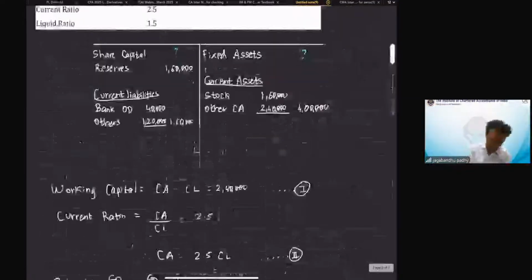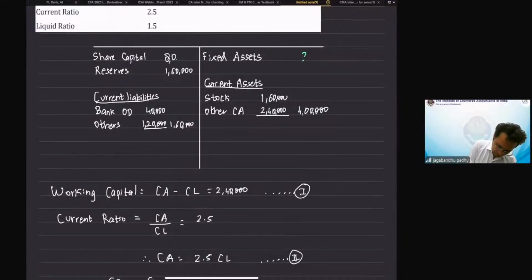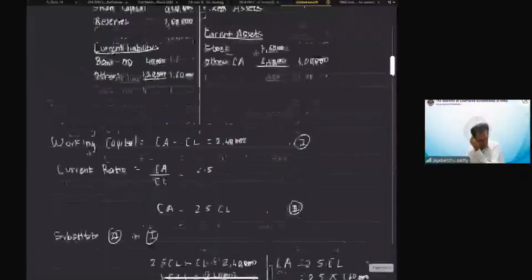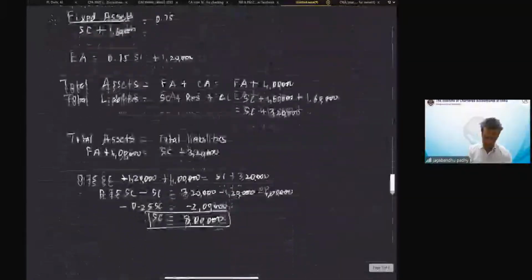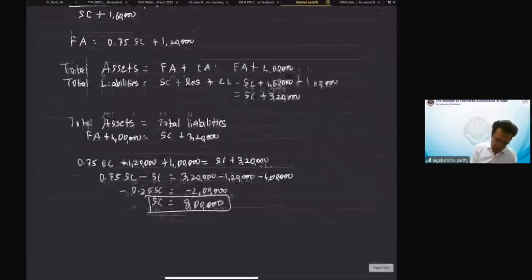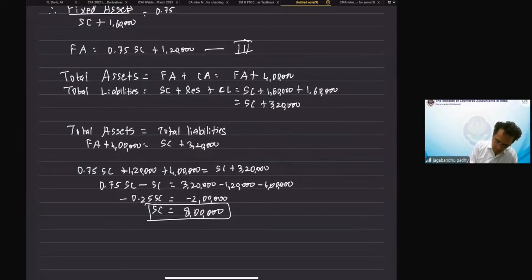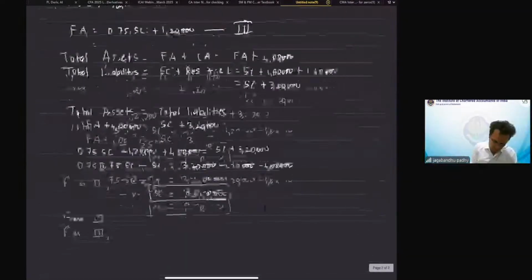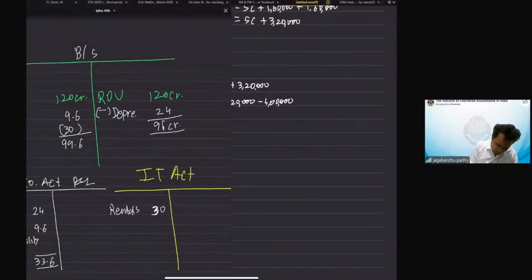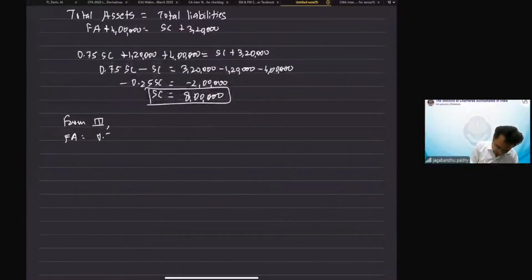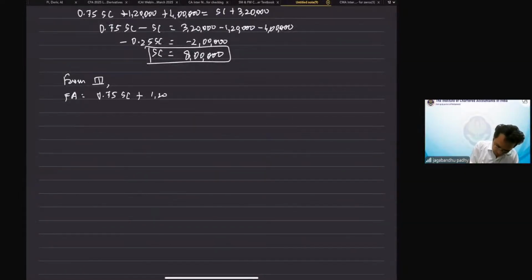Right. So once we get the value of share capital as 8 lakh, what will be the value of fixed asset? Share capital is 8 lakh. So we know the fixed asset equation, maybe our equation number 3. From 3, fixed asset is equal to 0.75 share capital plus 1,20,000.